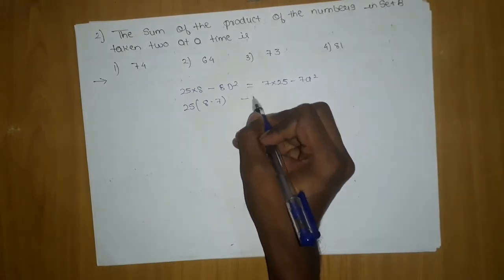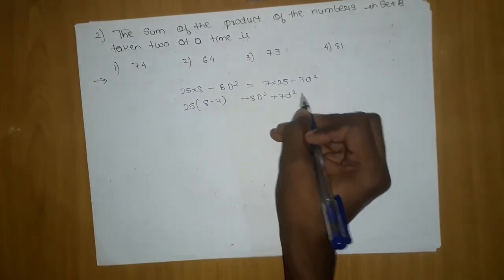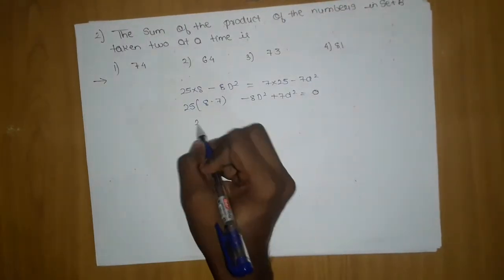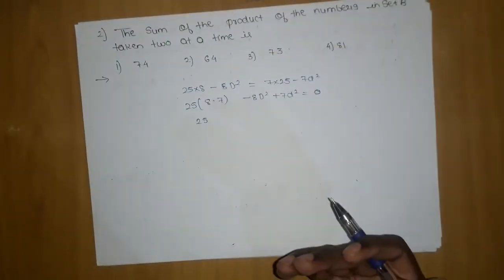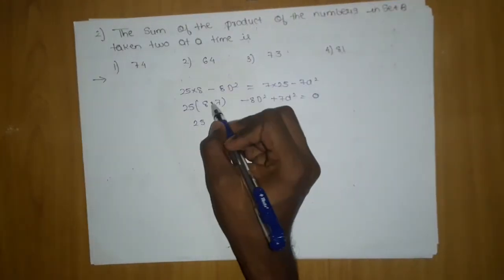So this will reduce my job. 8d square plus 7d square should be equal to 0. Now here 25 will be left, so my calculation part is reduced. If I had multiplied and then subtracted, it would create a burden on me. Hope you have understood what I mean. So here 8 minus 7, 1 will be formed, minus 8d square.